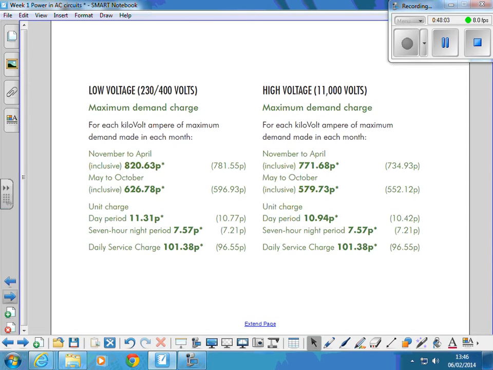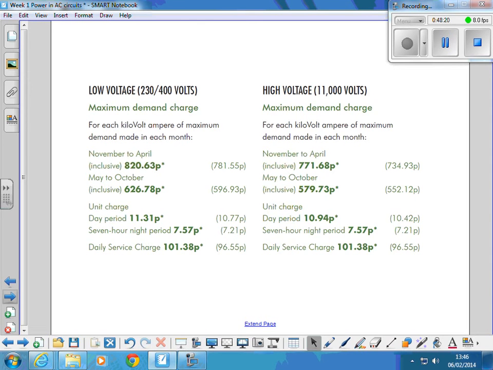So that's 8 quid per kVA. If you've got a maximum demand of 100 kVA, that's 800 quid a month they're charging you on that maximum demand.